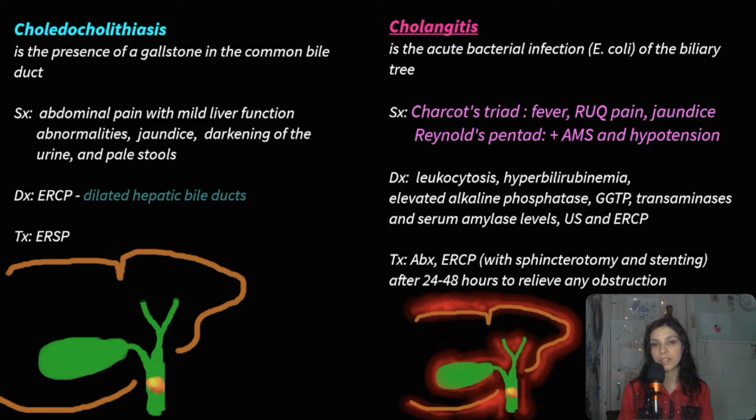Next is choledocholithiasis. It's when there are gallstones in the common bile duct, and symptoms will be abdominal pain in the right upper quadrant. Also, it could be jaundice, dark urine and pale stool, and also there could be some abnormalities in the blood, like elevated alkaline phosphatase and transaminase, but just mild.